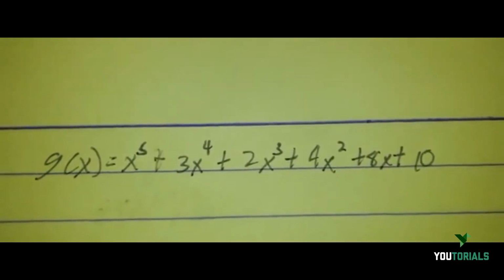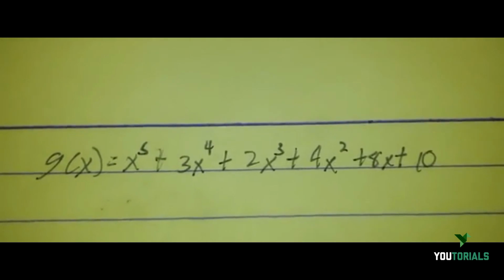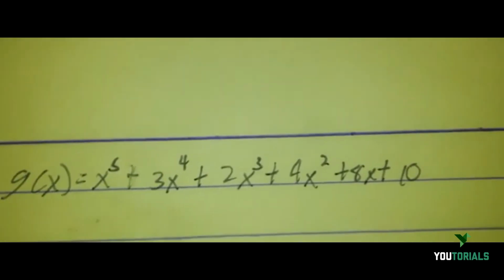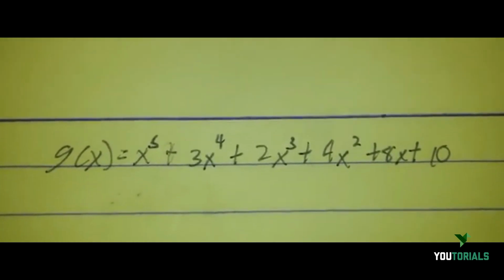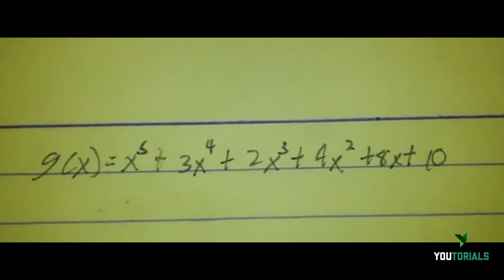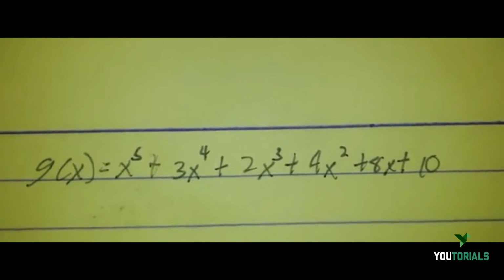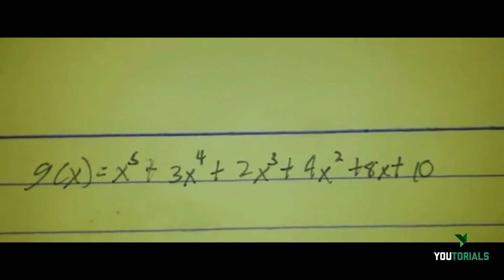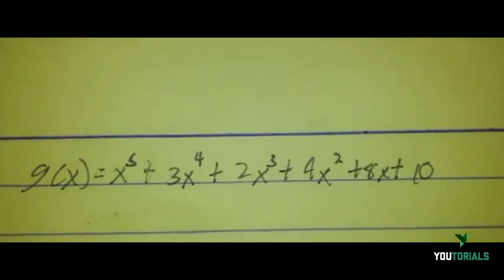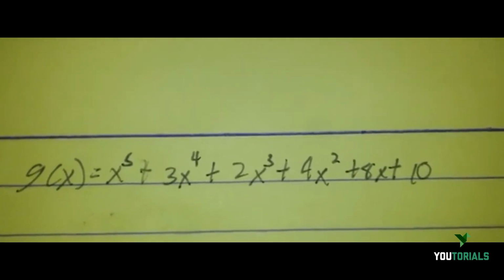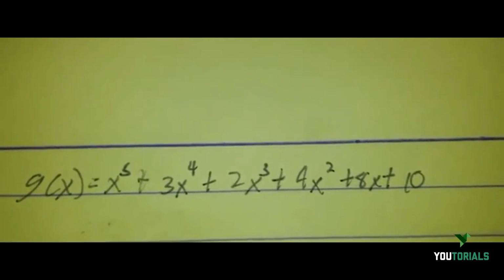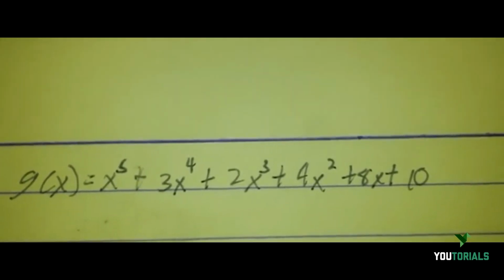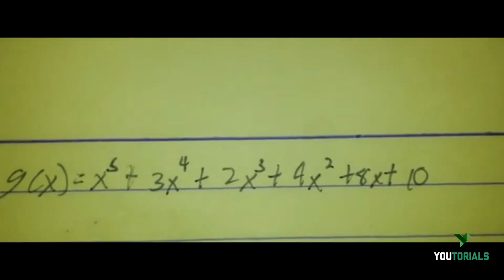Today I'm going to show you how to find the first, second, third, and fourth derivatives. In this example, all you only have to do is chain rule, so it's going to be easy. As stated before, from chain rule, all you have to do, bring down the 5, which is an exponent, multiply it by the whole number. All you have to do is follow the pattern in chain rule.